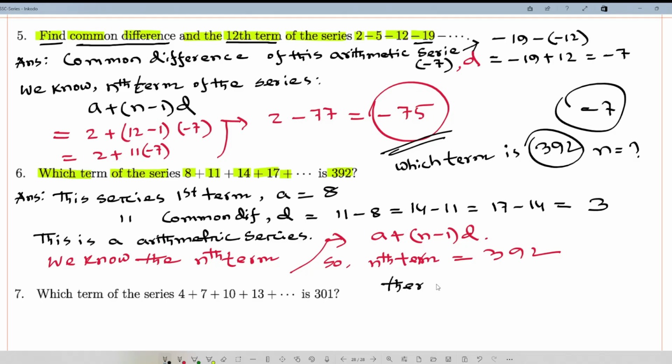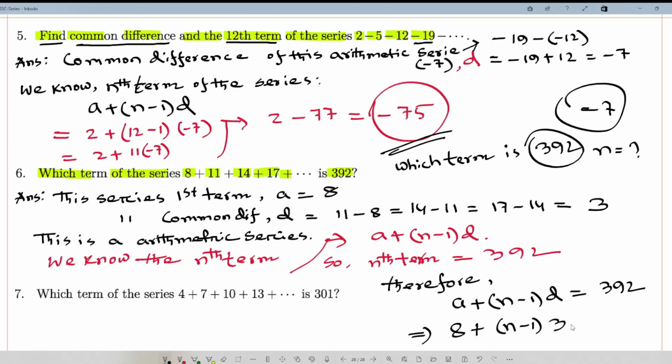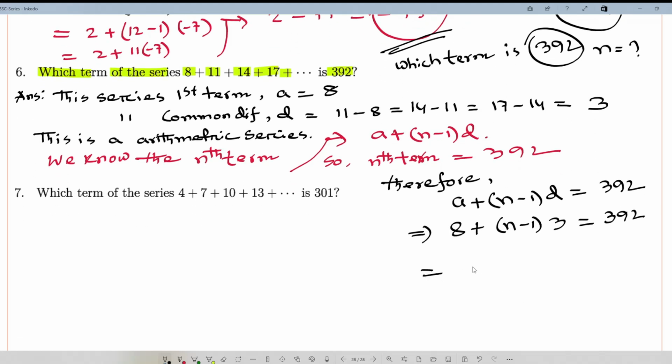Therefore, a plus n minus 1 times d equals to 392. a means what? a means 8 plus we don't know about n, and d is 3, and here is 392. Okay, then 8 plus 3n minus 3 equals to 392. Then 8 minus 3 is 5, so 3n plus 5 equals to 392.